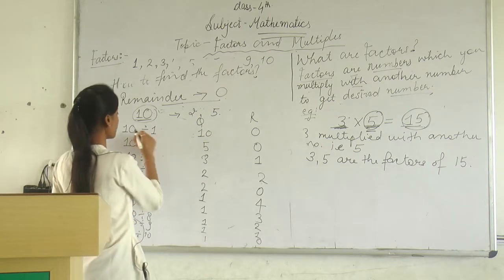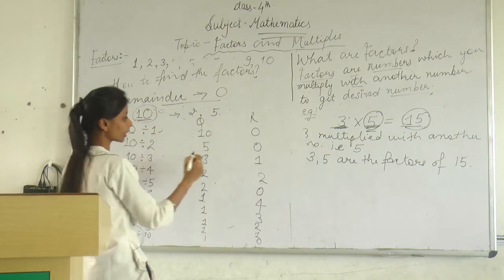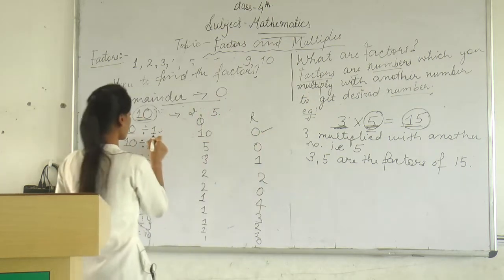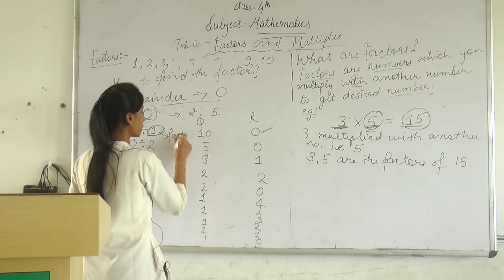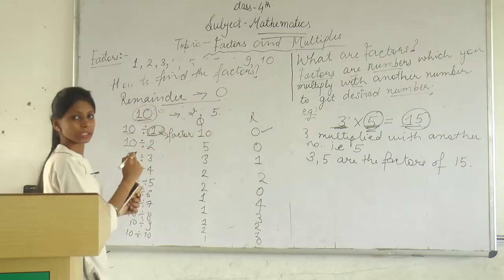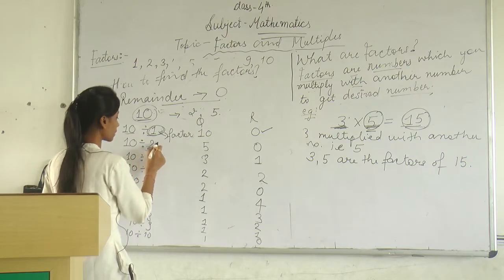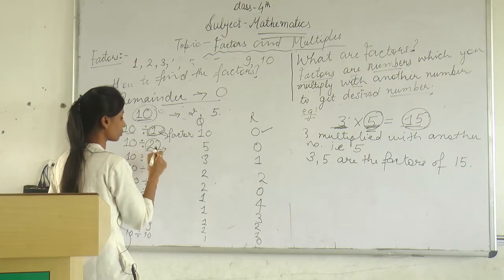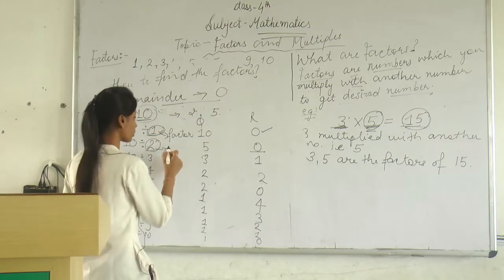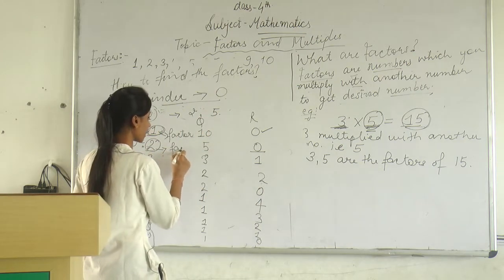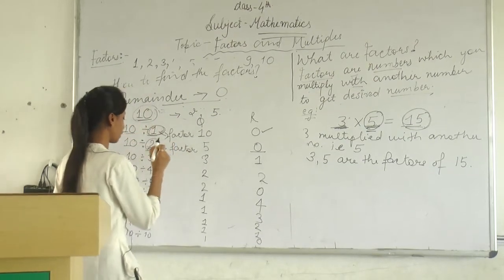See first, if I divide 10 by 1, what remainder do I get? 0. So I can say this one is a factor of 10. Clear? Moving on to the next number 2. Now 2. See the remainder. The remainder we get is 0. Also we can say this 2 is a factor of 10.